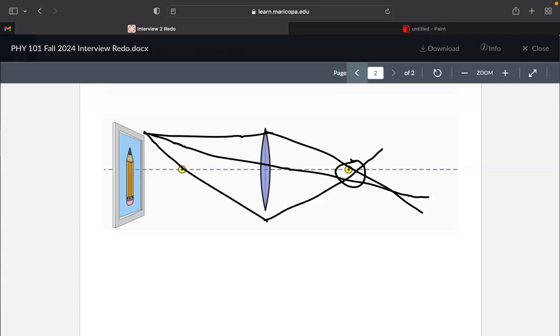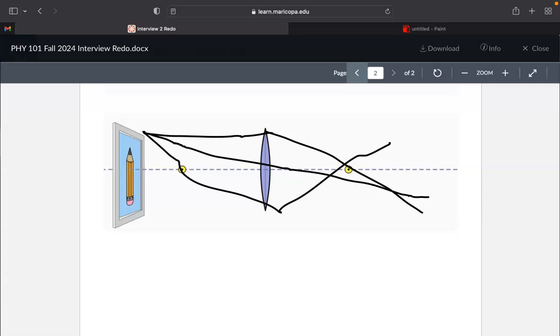I redid this a couple times because I kept running out of time. So this is where we're at now. This should be going through the lens as well. I guess I can undo it a little bit. It should be through the focal point, but also through the bottom of this and then back up.